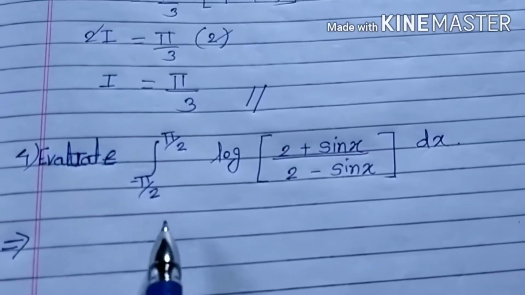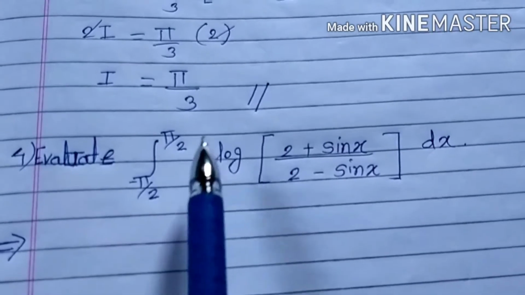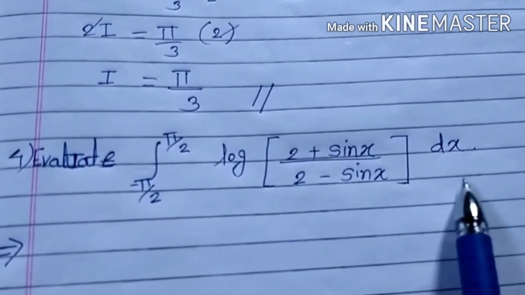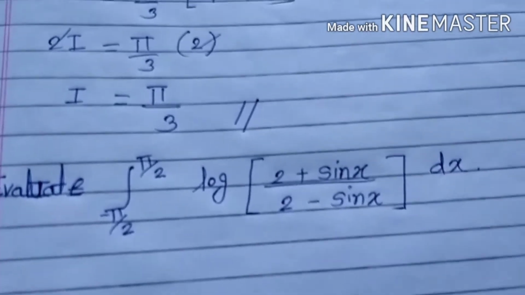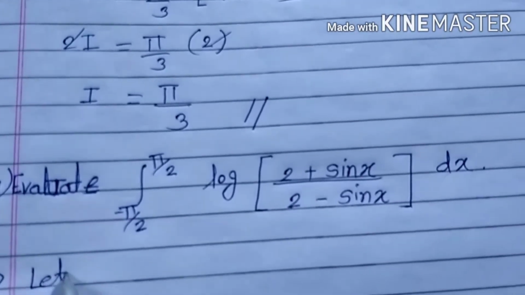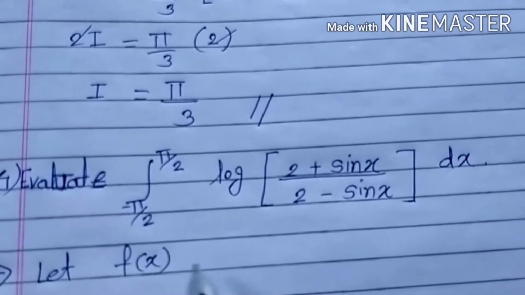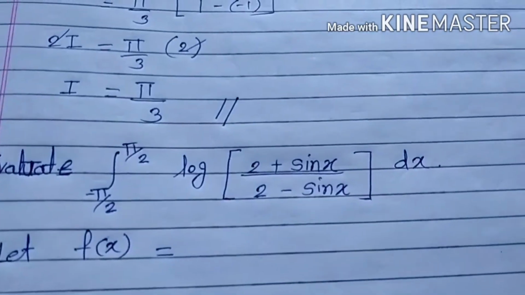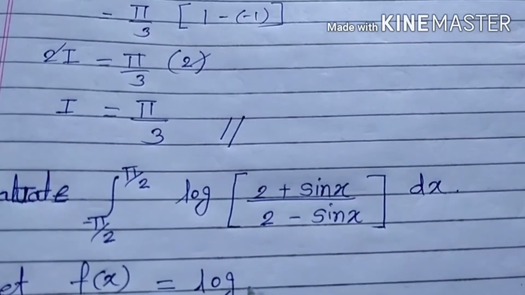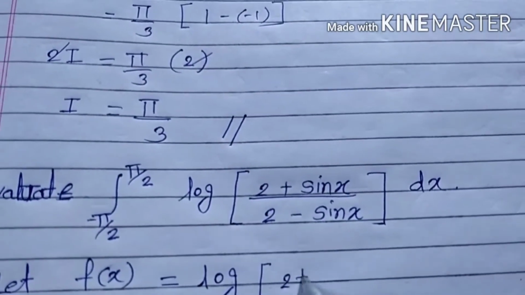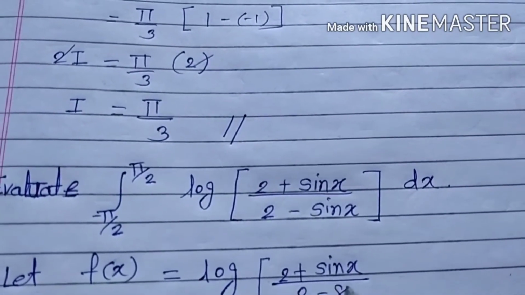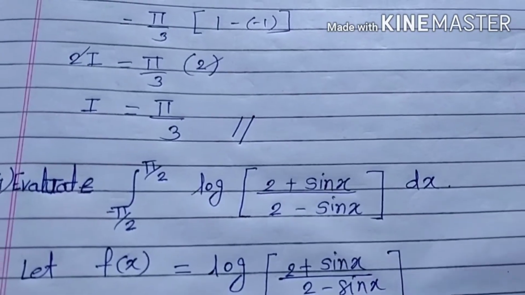Now next example, evaluate the integral from minus pi by 2 to pi by 2 of log of (2 plus sin x) upon (2 minus sin x) dx. So let us start to solve. Let f of x is equal to log of (2 plus sin x) upon (2 minus sin x). Okay.